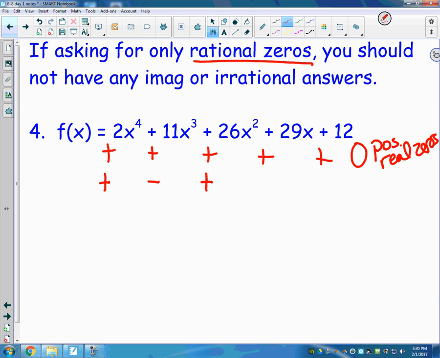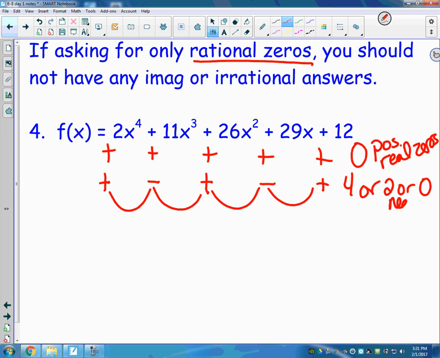That would stay the same. Change, stay the same. So that's a lot, right? 1, 2, 3, 4. So there are 4 or 2 or 0 negative real zeros, which means there are also 4 or 2 or 0 imaginary. It's really not that important, which is why you don't have to do this whole thing.